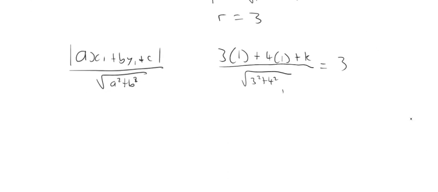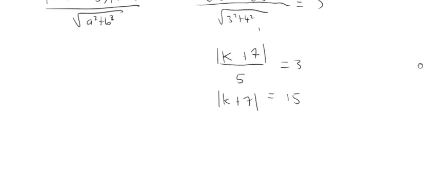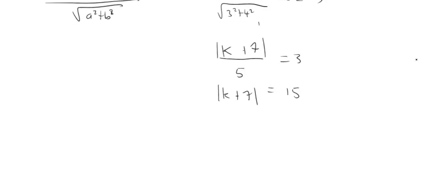So on top I'm going to get the absolute value of k plus 7, over, again, I'm going to get 5 on the bottom, is equal to 3. So we're going to get 15 is equal to the absolute value of k plus 7. So you have a couple of options. You have two values of k, or you could just treat 1 as plus, 1 as minus.